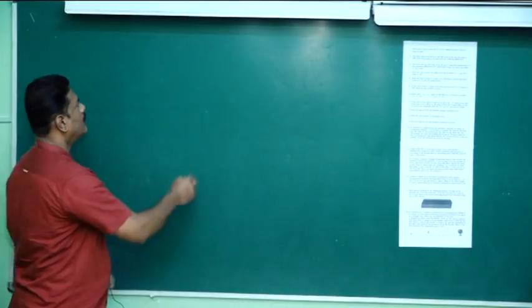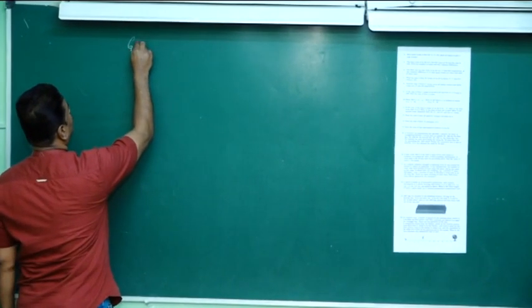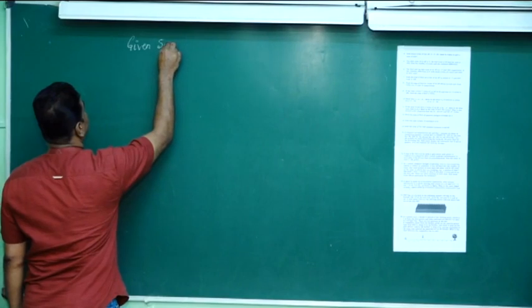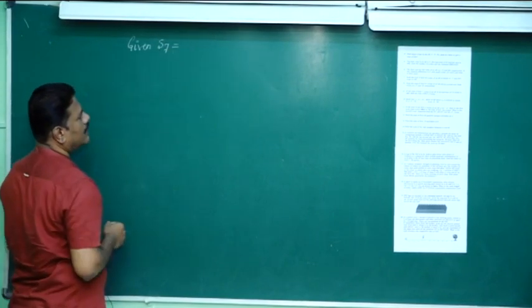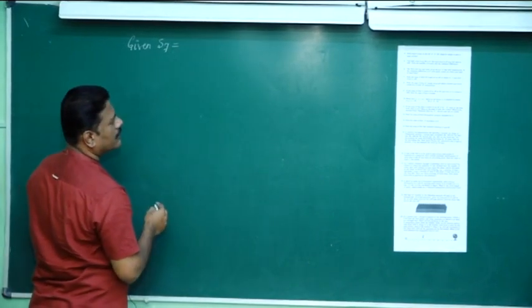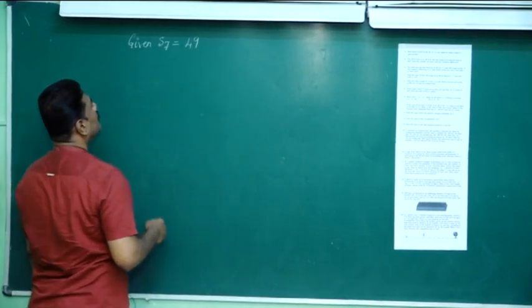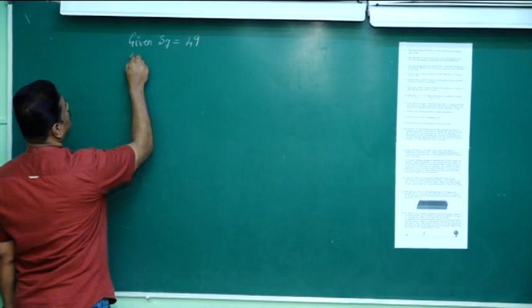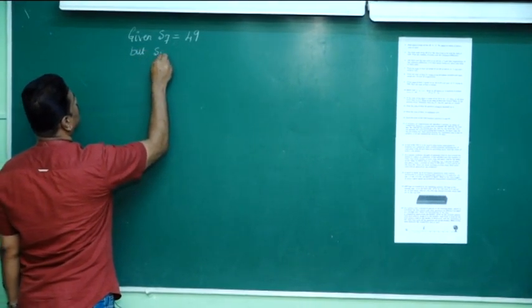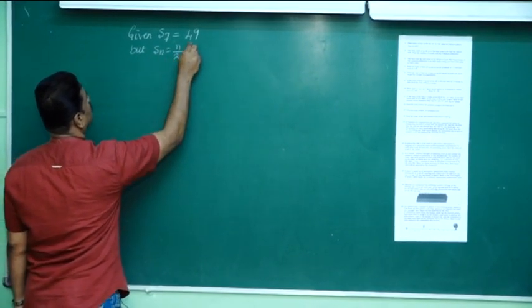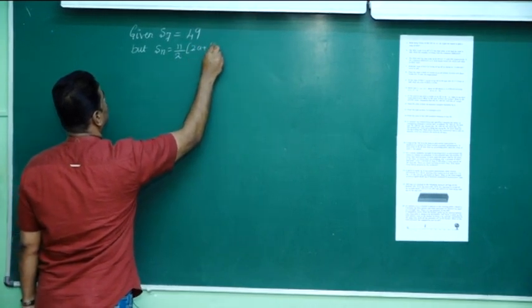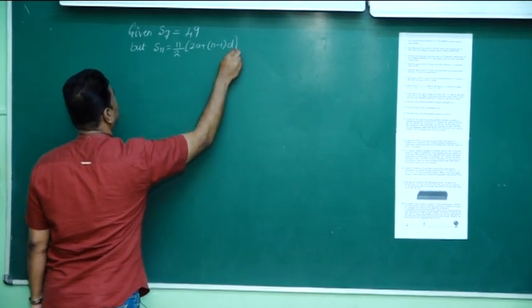Okay, what is given? S7, sum to 7 terms. Sum of first 7 terms of an AP is 49. But Sn is equal to n by 2 into 2A plus n minus 1 into D. This is the formula.